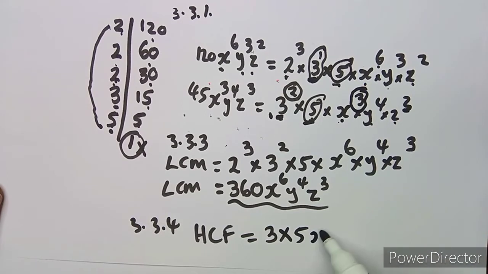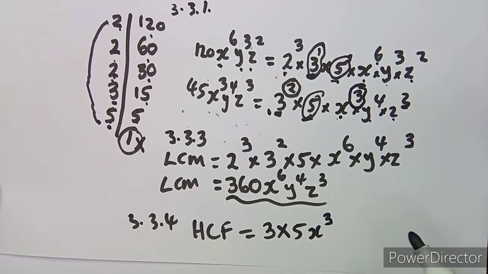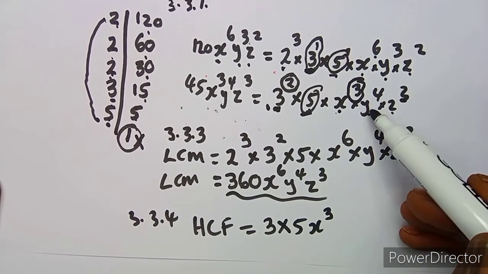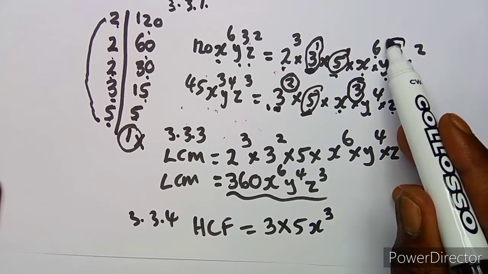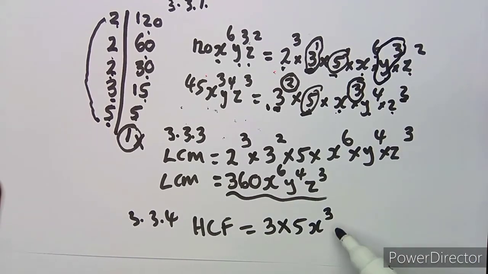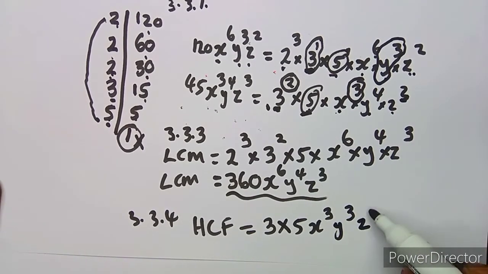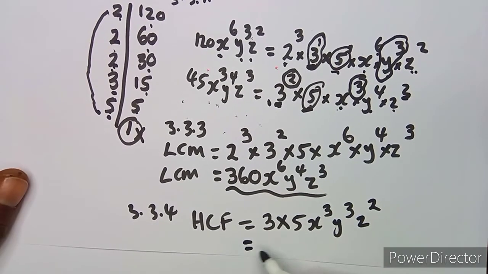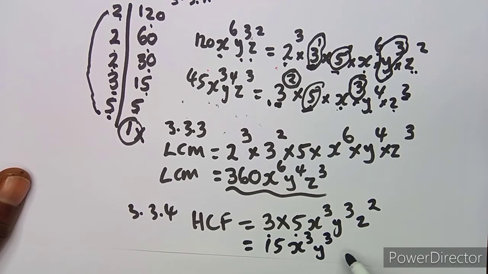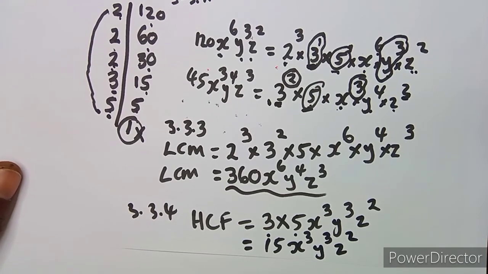So it's x to the exponent of 3. Okay, y is common here, but which one has got the smallest exponent? So it's y to the exponent of 3, and the same thing with z, z to the exponent of 2, the one with the smallest exponent this time. So 3 times 5, which is 15, x to the exponent of 3, y to the exponent of 3, z to the exponent of 2.